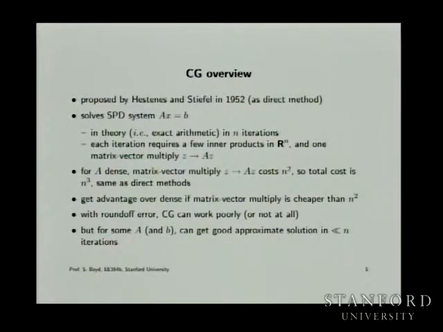And last time we talked about the CG method. The basic idea is it's a method which solves Ax = b, where A is positive definite, but it does so in a different way. The ways you've seen before are factor-solve methods, and in those methods, what you need is actually the matrix.